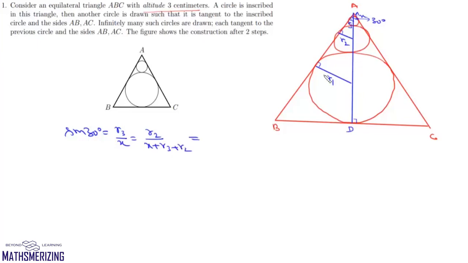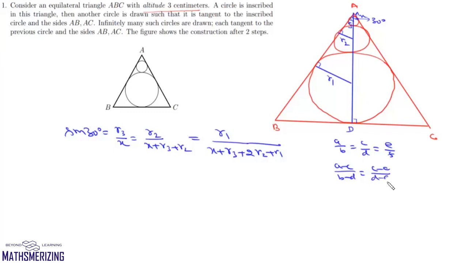And for this larger triangle, it will be R1 upon x plus R3 plus 2R2 plus R1. Now we know that if A upon B equals C upon D and equals E upon F, then A minus C upon B minus D must be equal to C minus E upon D minus F.